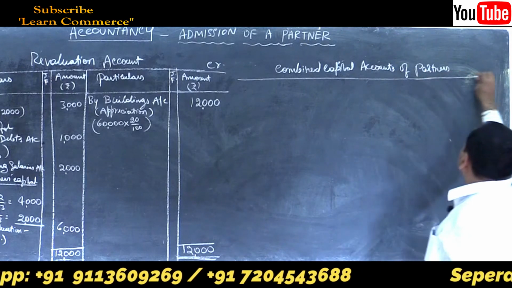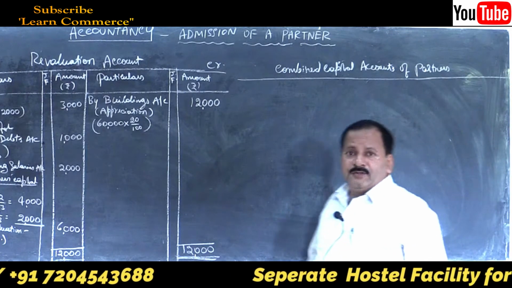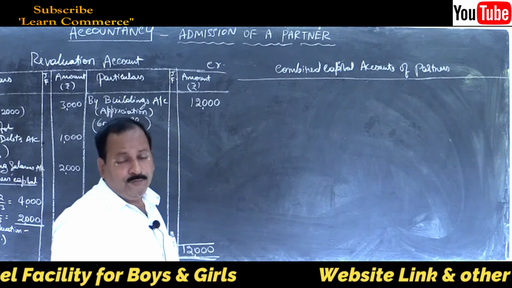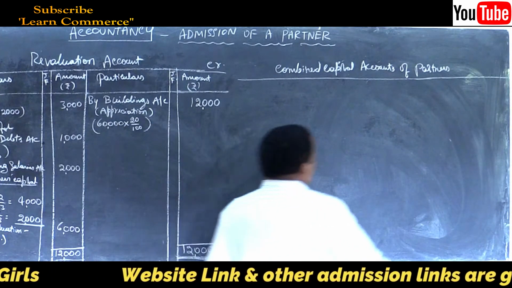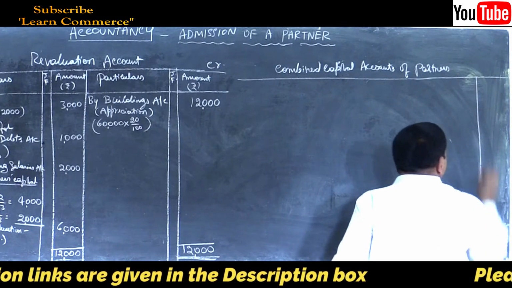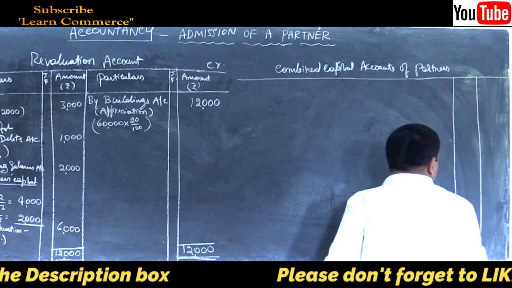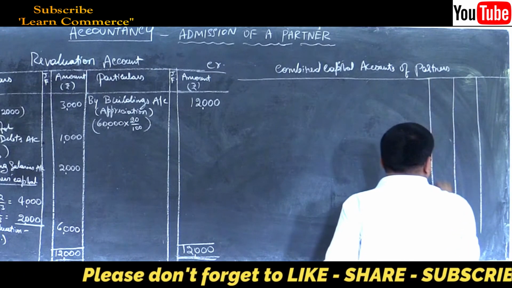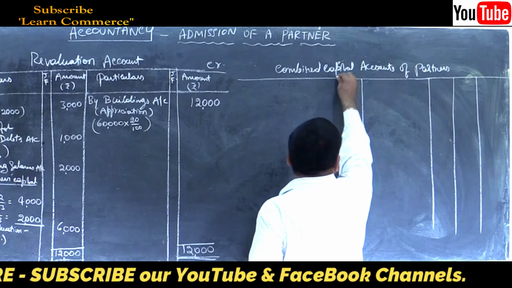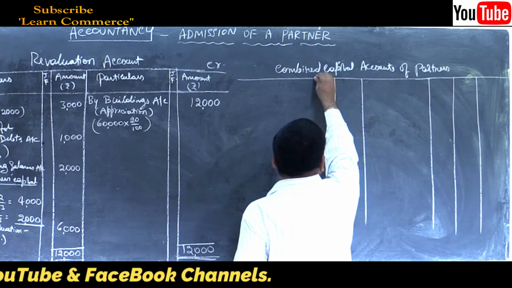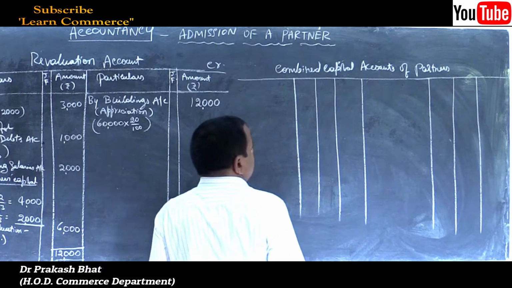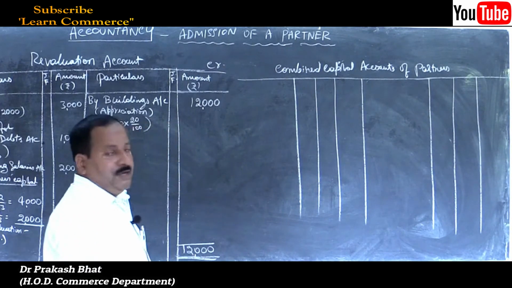Draw the columns. You can turn the page and draft, because there are 3 columns each on either side for the amount. Provide 3 columns here on the credit side, again 3 columns on the debit side. Yes, particulars.